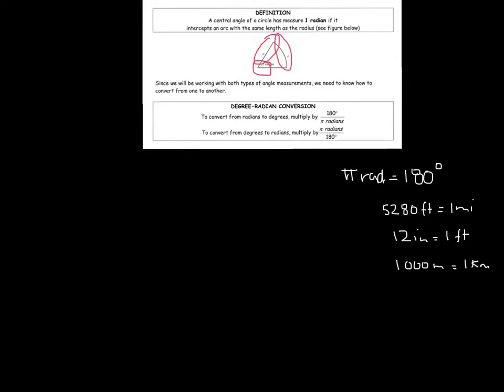All right, so let's say I give you an angle, let's say 20 degrees. And we want to convert 20 degrees into an angle in radians. Well, once again, you would start with 20 degrees and you would multiply by the conversion factor. So what is the conversion factor?